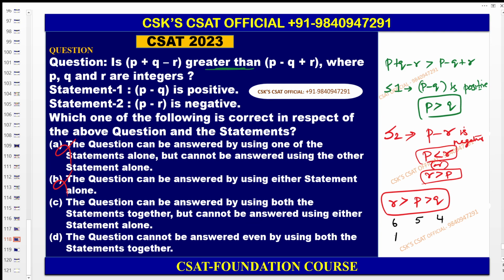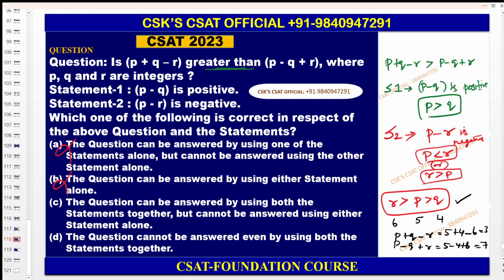So now we can go with p plus q minus r, which is equal to 5 plus 4 minus 6, so 9 minus 6, which is equal to 3. P minus q plus r is equal to 5 minus 4 plus 6, which is 1 plus 6, 7. You can say that p plus q minus r is not greater than p minus q plus r. Understood? After making the constraint here, anything you substitute, not only 6, 5, 4, you can give the answer here.